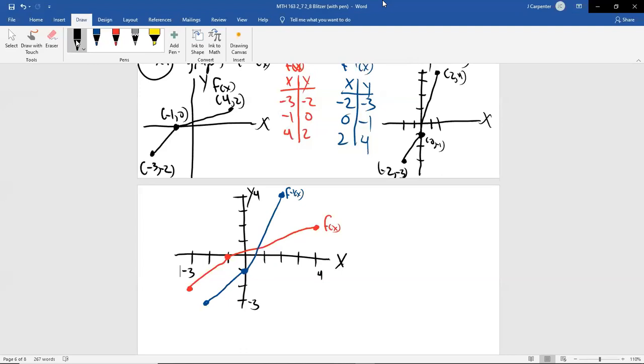And then here's the line y equals x. It just goes to the points (1, 1), (2, 2), (3, 3). It goes to the origin, (1, 1), (2, 2), (3, 3), however many points you need. Oops, that was awful. Just make this a little bigger. All right.